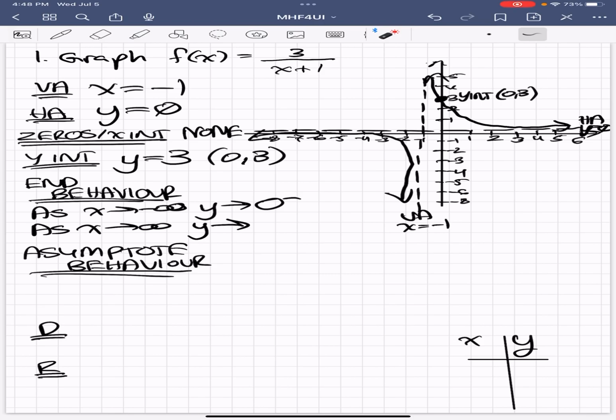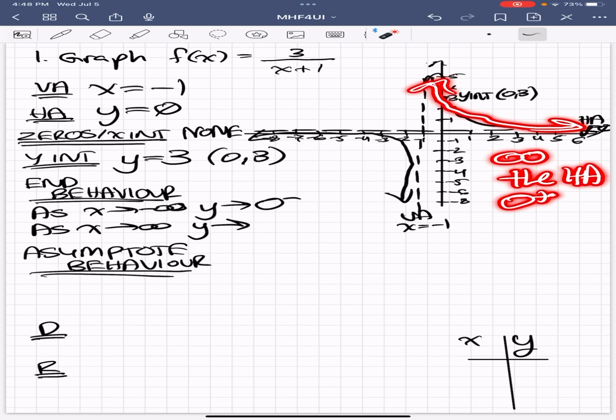As x approaches infinity, our y value approaches the HA of 0 from above, so we're going to do 0 positive.